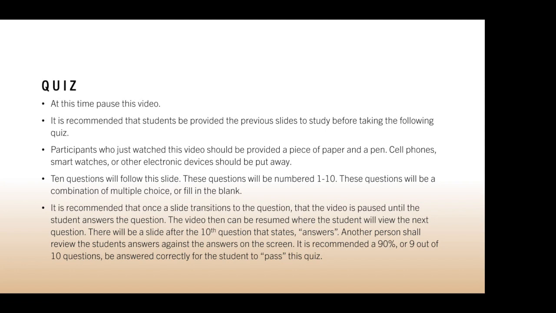It is recommended a 90% or 9 out of 10 questions be answered correctly for the student to pass this quiz. Remember, this presentation is meant to provide a student the basic understanding of a food safety system. This course is not certified by the HACCP Alliance and cannot be used as an official HACCP certification. We are going to be moving on to question 1.